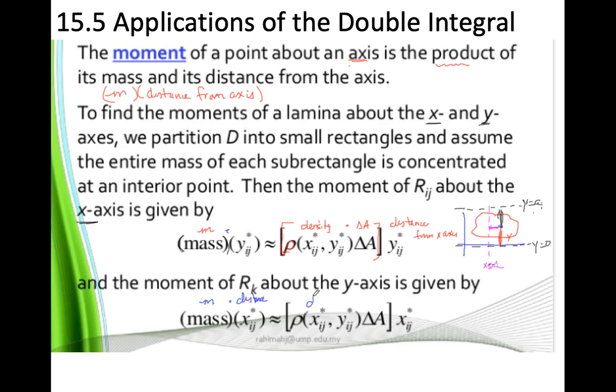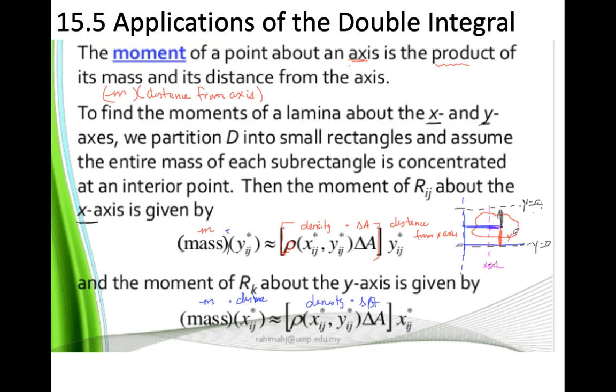So here again is the density times delta A times this x value. So remember now, we're not talking about just any vertical axis, though we could. We generally talk about the y-axis. So what is this distance?